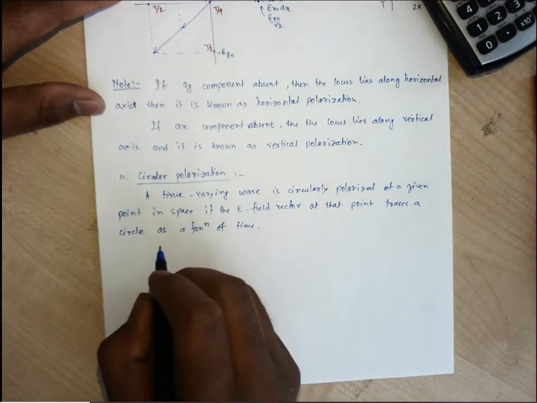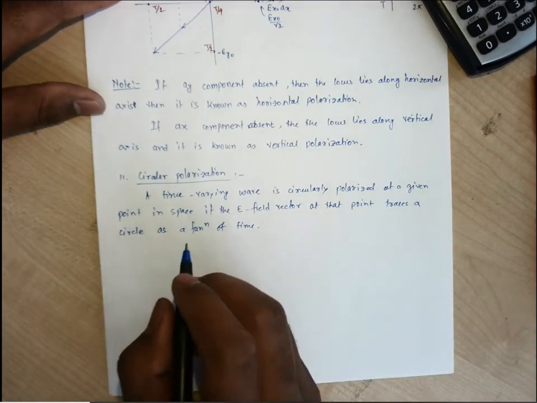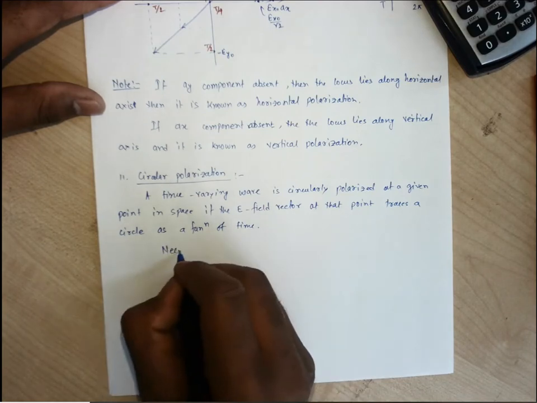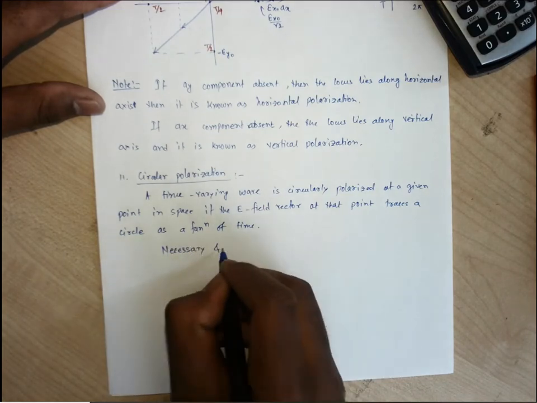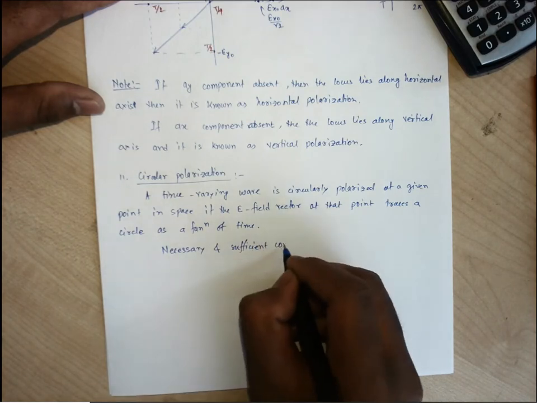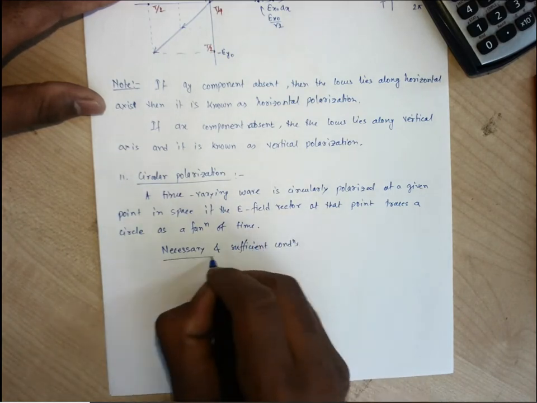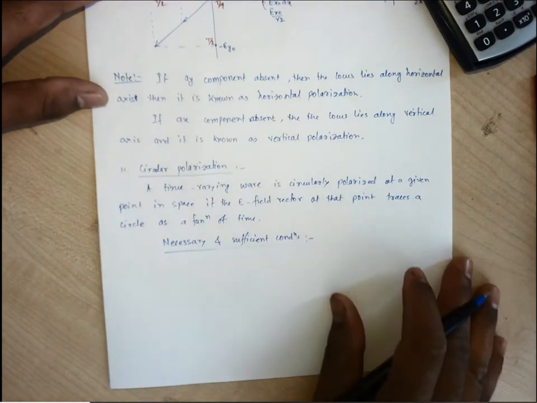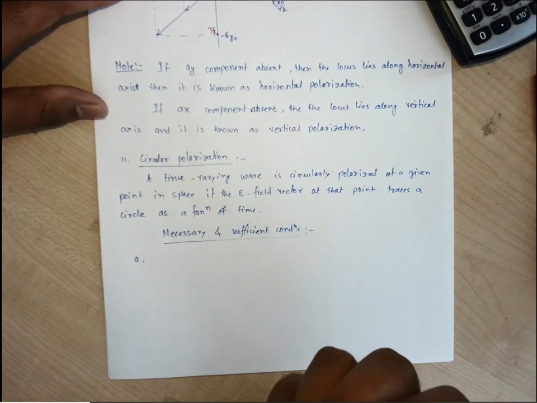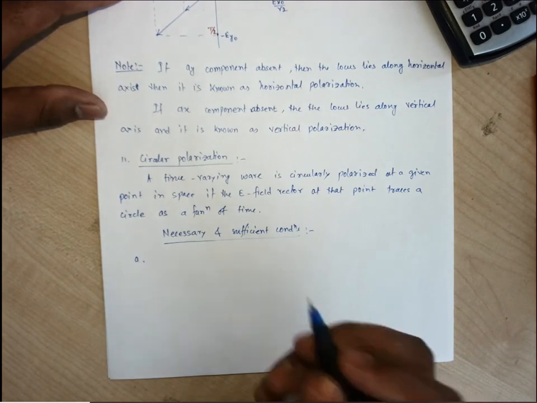So what are the necessary and sufficient conditions we must satisfy to have circular polarization? First condition is that the field must have two orthogonal linear components.